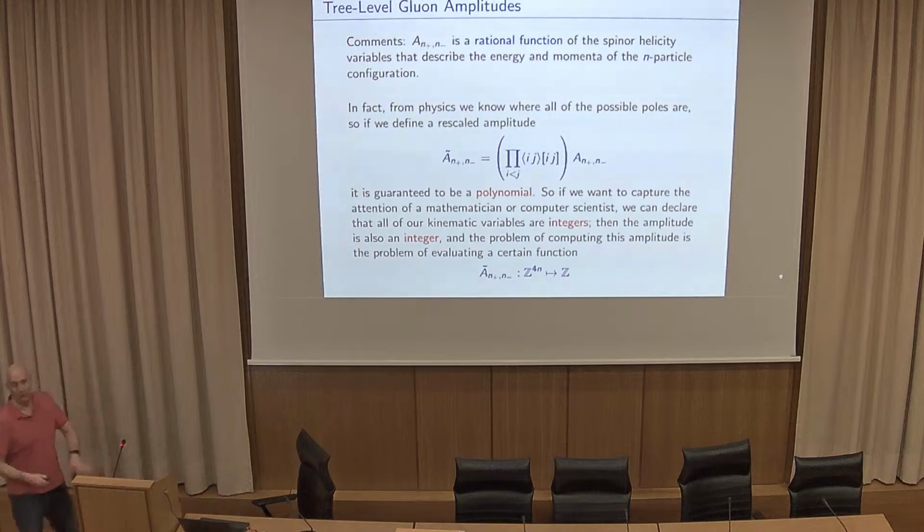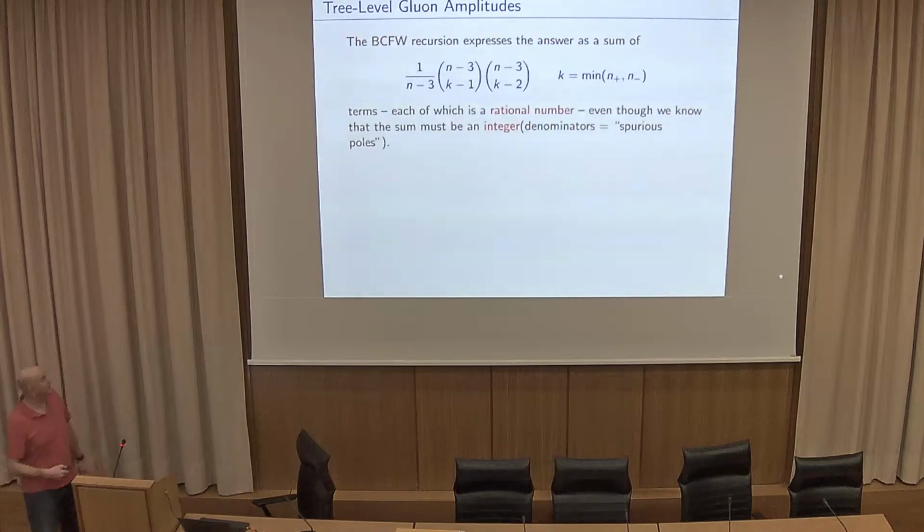Of course, these are analytic functions, they're polynomials, but if we can understand how they behave for integers, we understand what they are. So you tell your mathematician friend, I have a function that takes 4n integers, those are the energies and momenta of my n scattering particles, and it outputs an integer, namely that scattering amplitude.